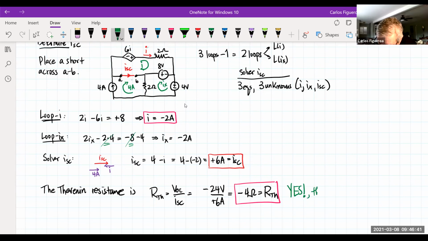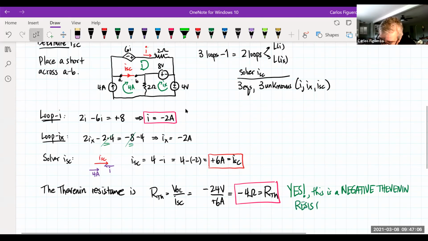Yes, this is a negative Thevenin resistance. Oh God, how do you spell Thevenin again? It is correct. You have a negative Thevenin resistance.